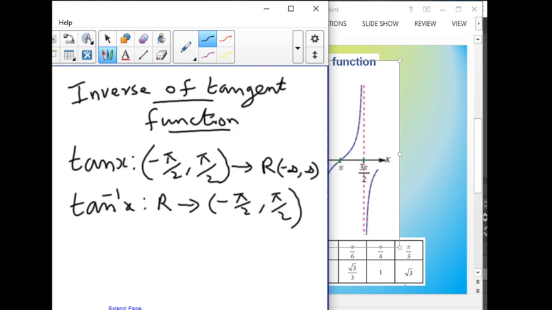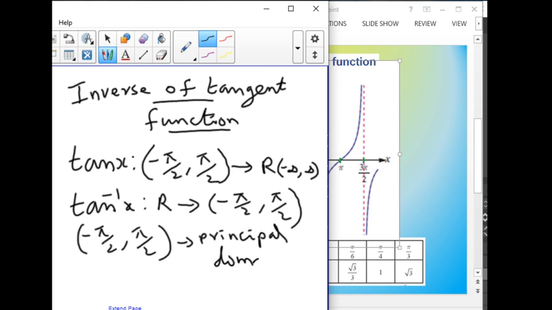So, here we use only open brackets and not closed brackets. Differentiate it and learn. And minus pi by 2 comma pi by 2 is called the principal domain.